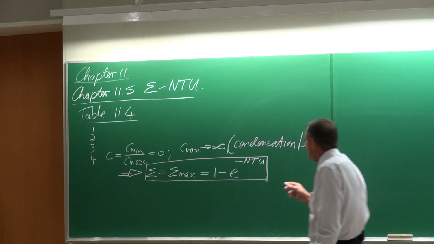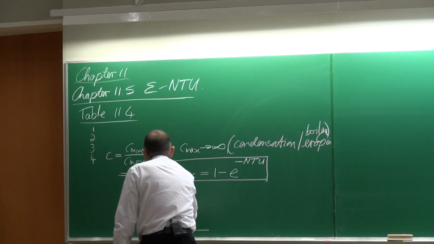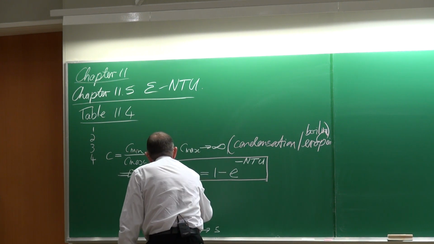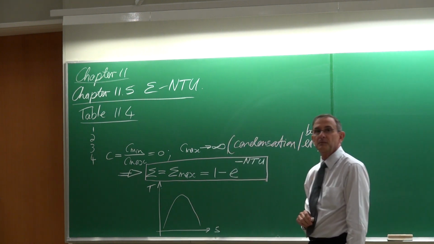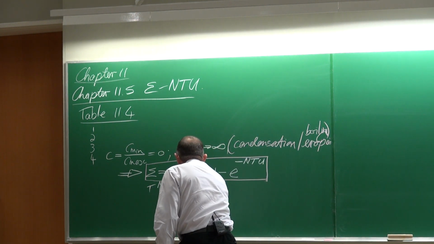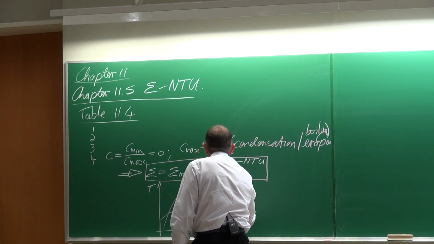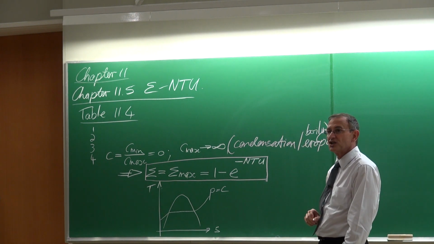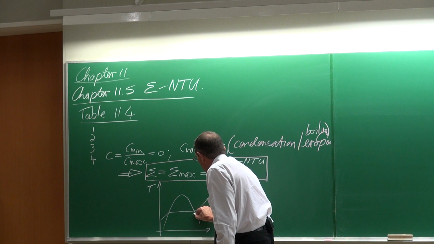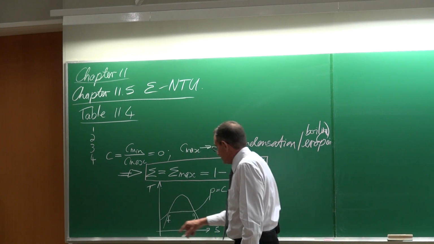When do we have condensation, boiling, and evaporation? What does it mean? If you go back to your thermodynamics, to the TS diagram, that is the saturation curve. And then for a specific pressure, so that is the line where the pressure is equal to constant, condensation, remember, that is where everything is a gas, that is where everything is a liquid.